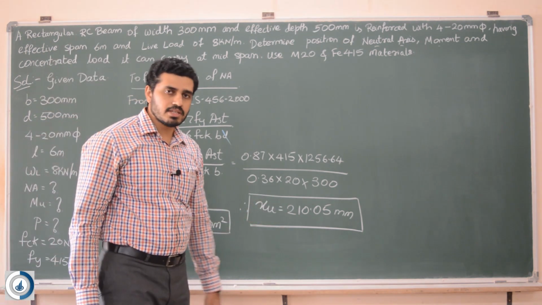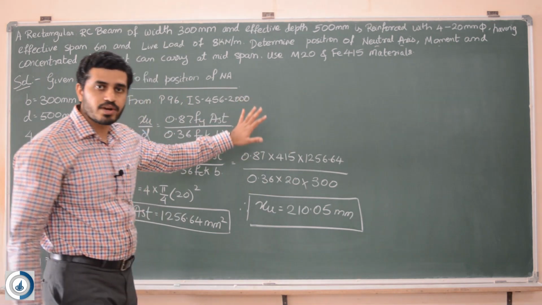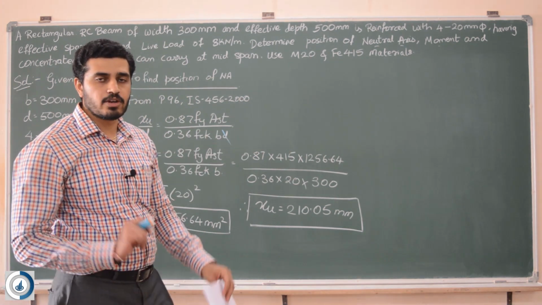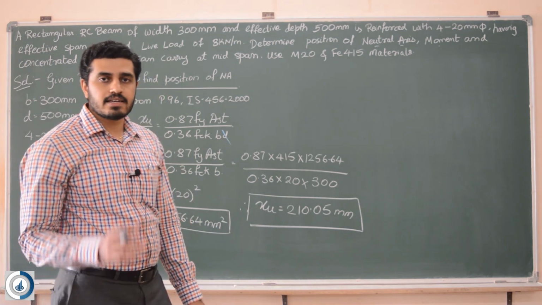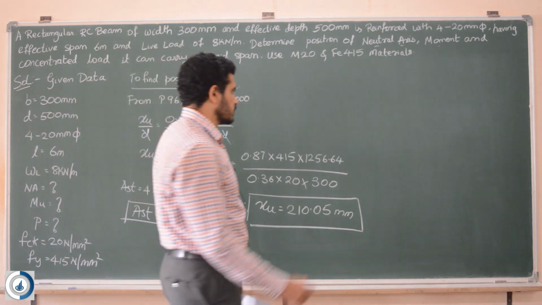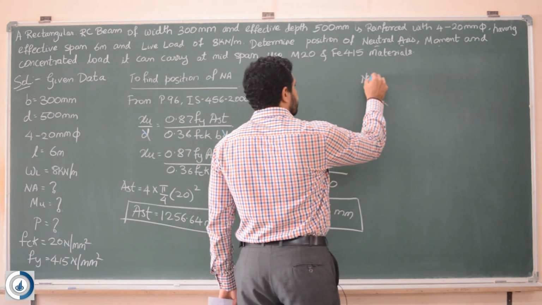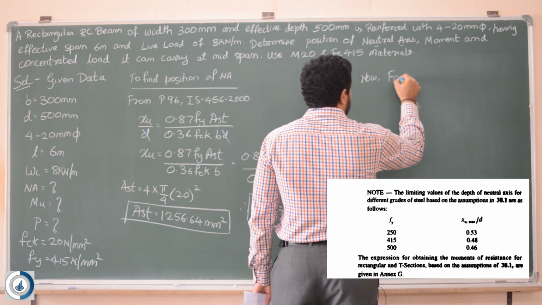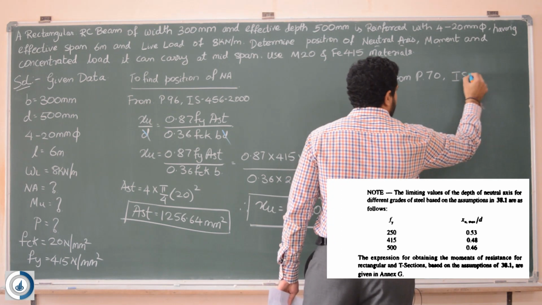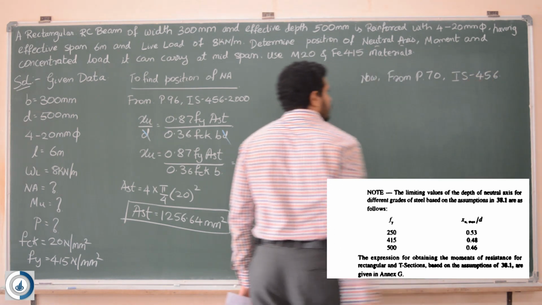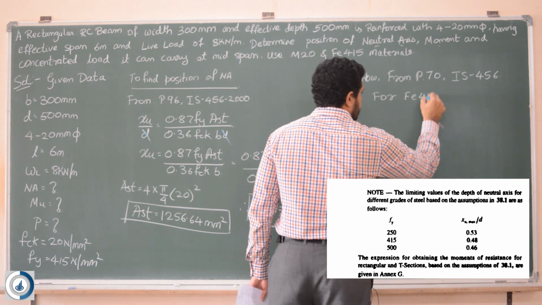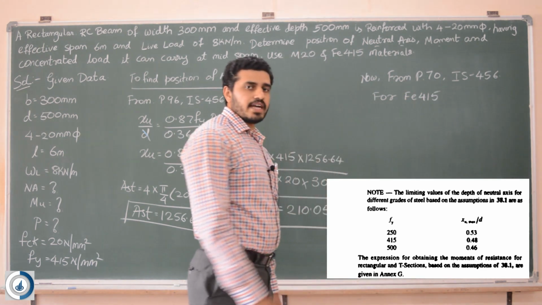Now the next step is to check whether the section is over reinforced or under reinforced. For that, we need the value of Xu max by d, and it is on page number 70 of IS 456-2000. On page number 70, you get, for Fe 415, there are three types of steels: first is 250, 415, and next is 500.